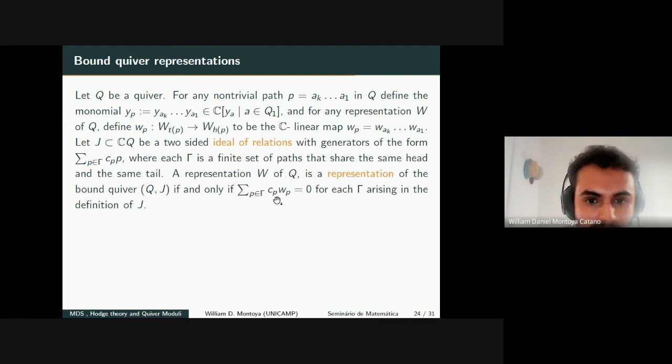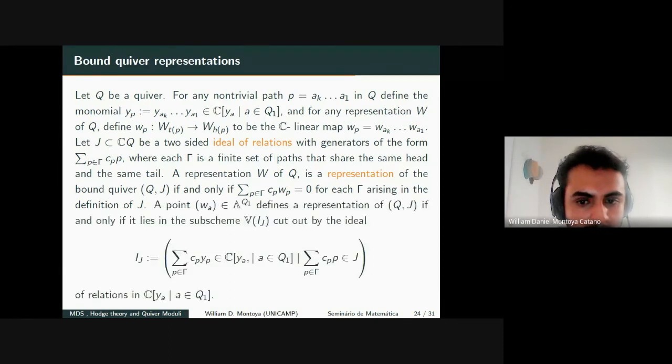A representation of this is something that respects, as you can see here, being orthogonal in one way. And with this, you can construct this idea that tells you exactly where you find the points, which are exactly the representations of the ideal of relations.